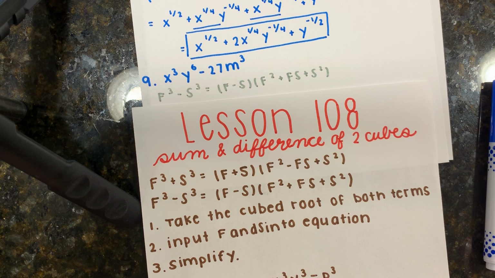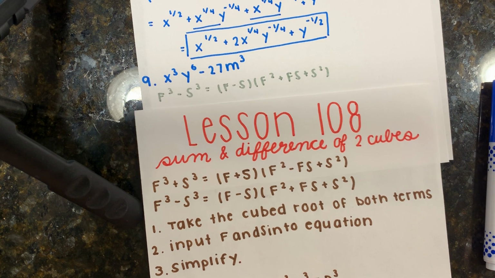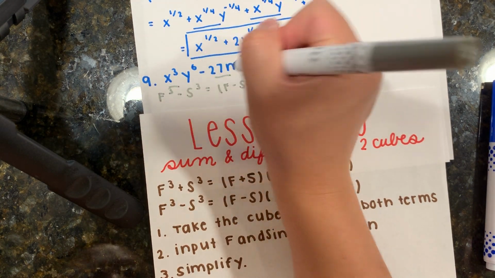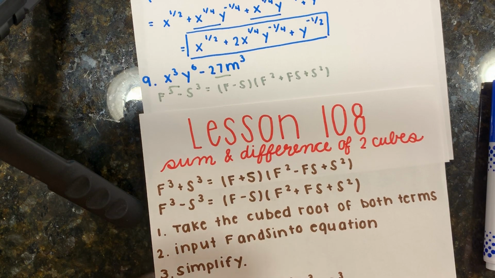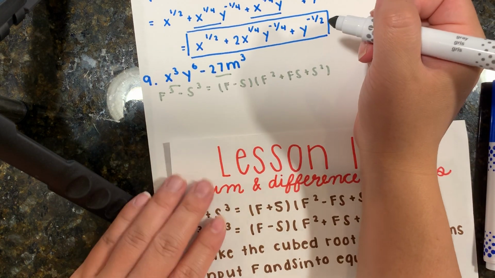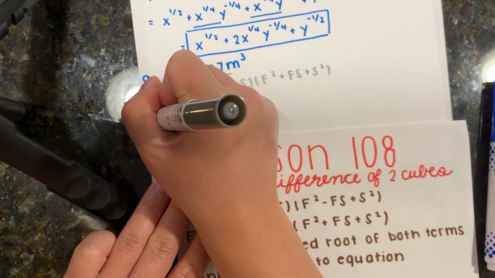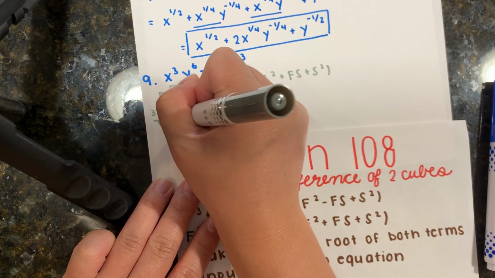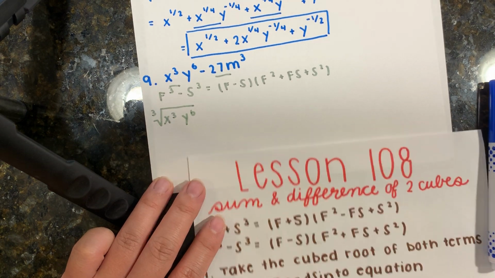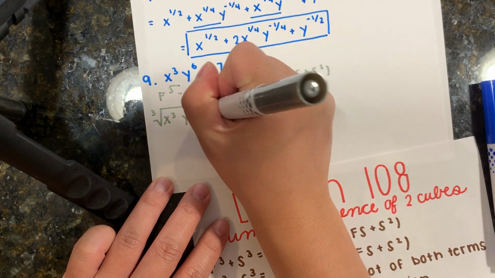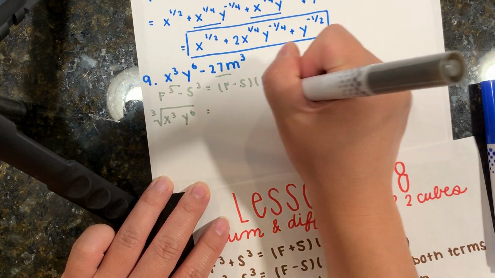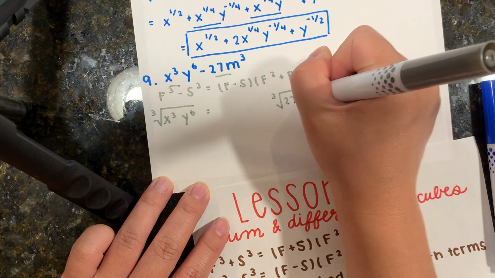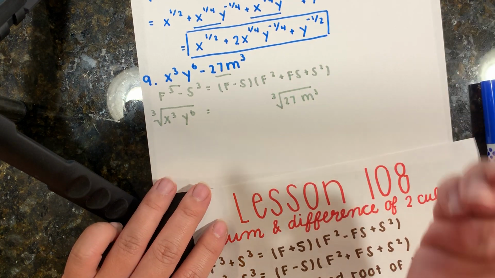We're going to start by taking the cube root of the first term and the second term and then plugging it into the equation. So I have the cube root of x cubed y to the 6th and then the cube root of 27m to the 3rd.